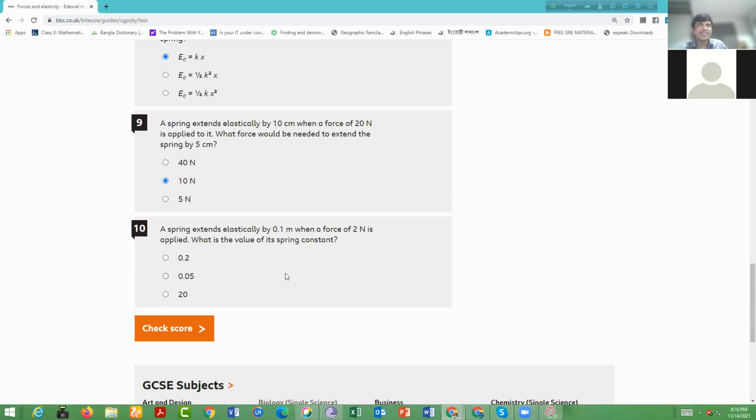A spring extends elastically by 0.1 meter when a force of 2 Newton is applied. What is the value of its spring constant? Apply the value to the formula. The value of x has been given.